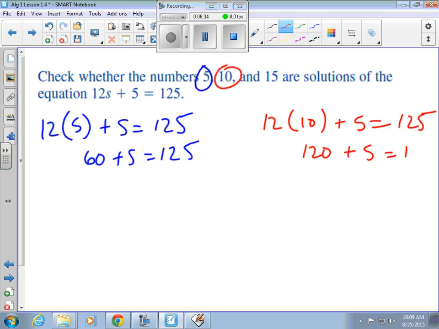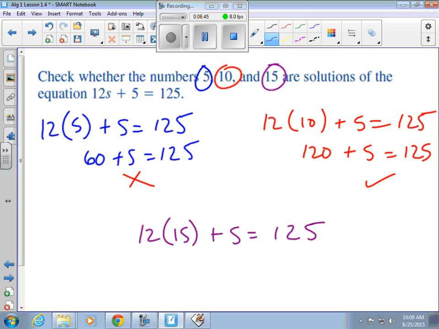That is 125. That's the solution there. This one wasn't. Let's see if 15 works. 12 times 15 plus 5 is 125. 12 times 15 is 180. Plus 5 is 185. That one is not true as well. So only 10 is the solution to that equation.